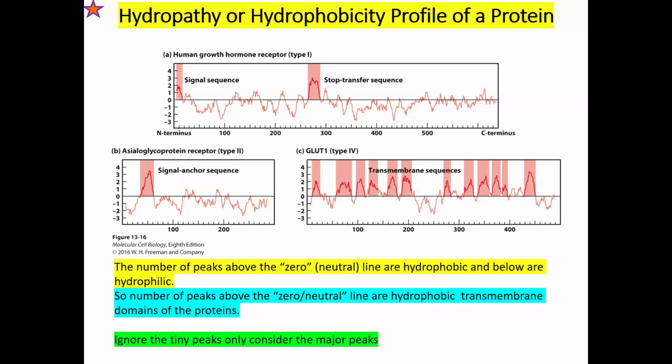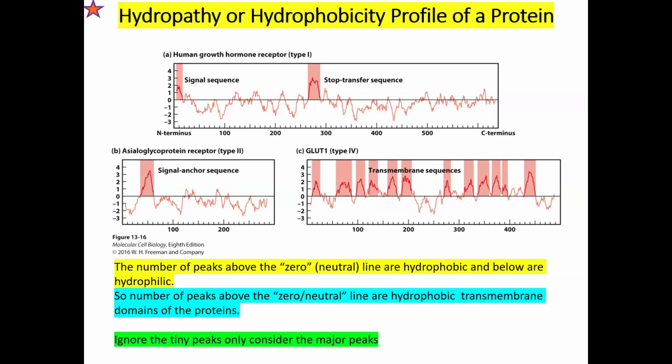If you have a protein, it essentially considers a stretch of about 20 amino acids, and then it calculates the net hydrophobicity, whether there are more hydrophobic residues in those amino acids or hydrophilic ones. The specific numbers are not required. Hydrophilics are usually charged and polar amino acids, whereas the hydrophobic ones have the big rings like phenylalanine, tryptophan, those kinds of things. Based on that, this graph is generated.